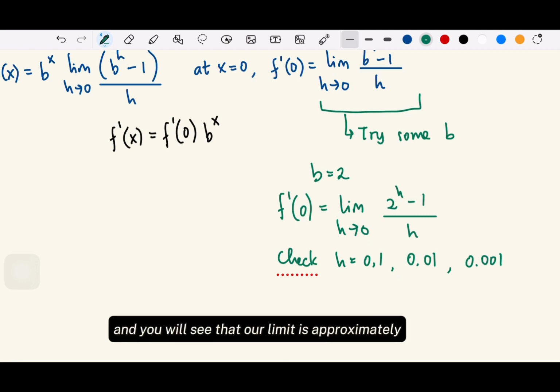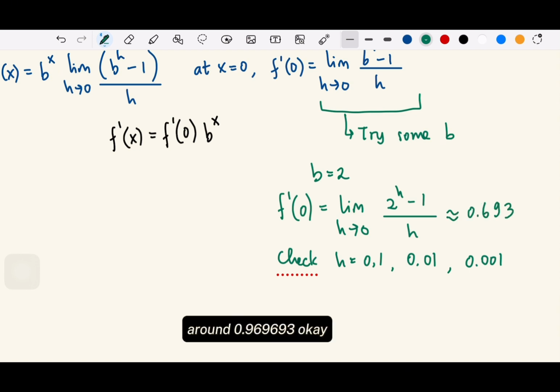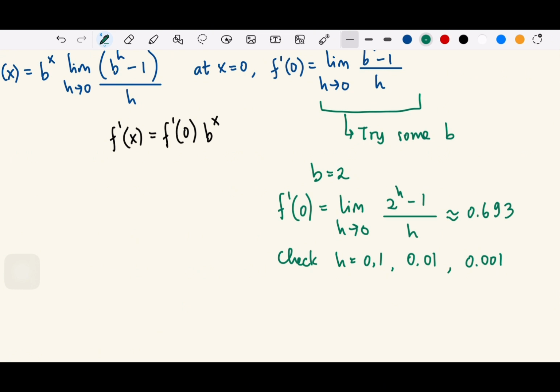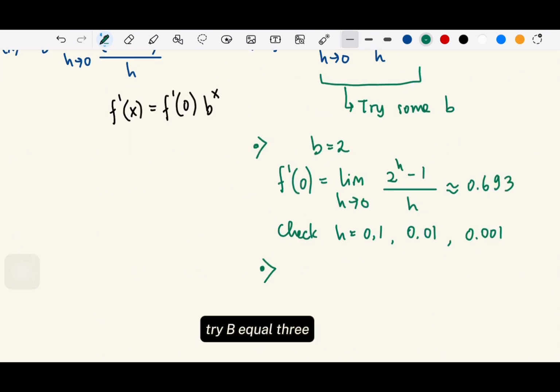And you will see that our limit is approximating around 0.693. When we take h getting lower and lower, it seems that it approximates this number. And then try b equal 3. So this is the first, and the second one, try b equal 3.